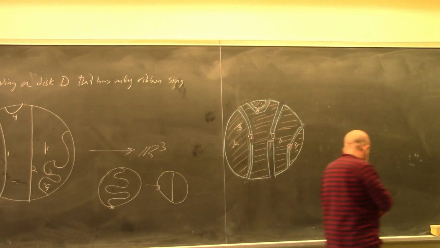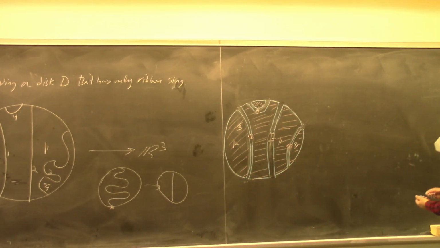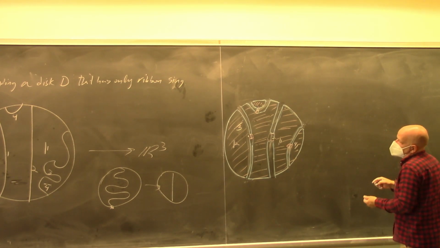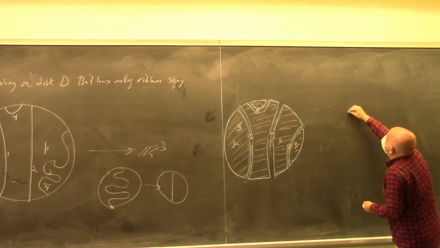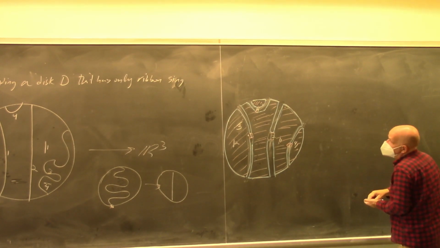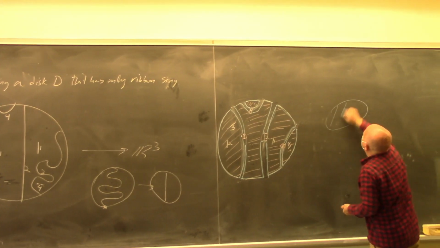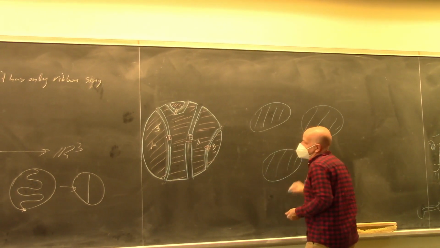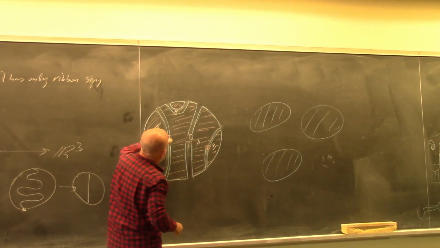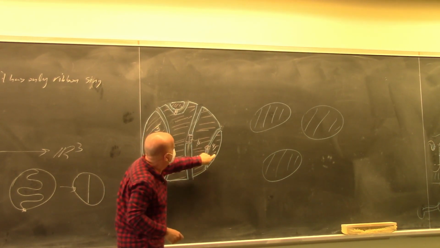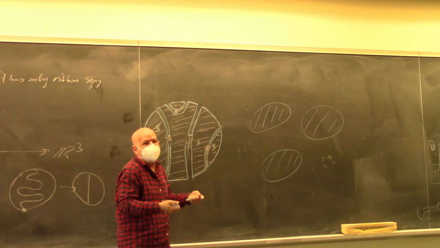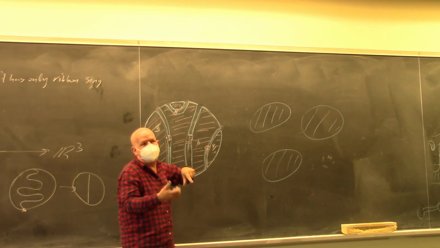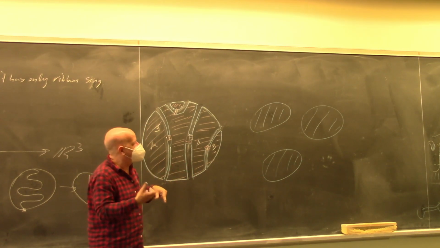So this picture is really a number of disks in R3. Maybe I'll draw them in blue. In fact, the totality of these disks, if you look at the link made out of the boundaries of these disks, is a non-singular link, because each component bounds a disk, and these disks are pairwise disjoint.